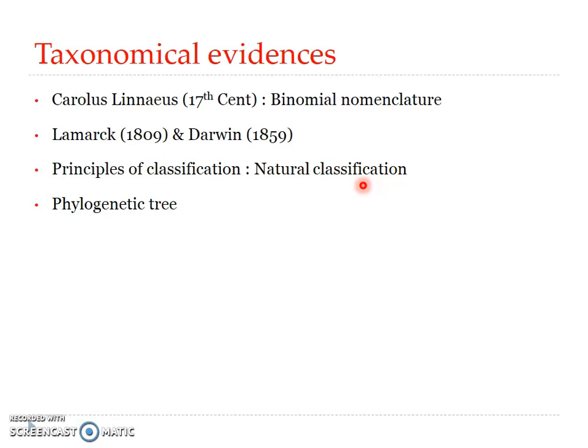And furthermore, similar orders are placed in one class. Likewise, similar classes form a phylum, and different phyla constitute a kingdom. So a natural system of classification reveals the evolutionary relationship between different groups. So we can say that the similarities are due to an origin from a common ancestor.